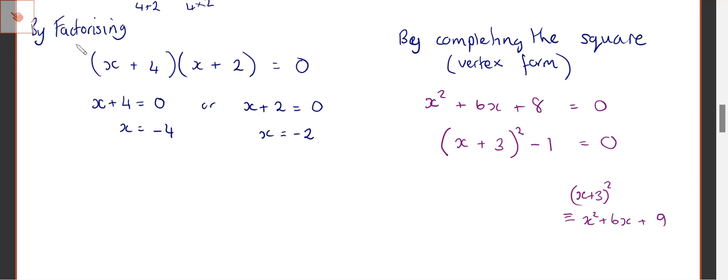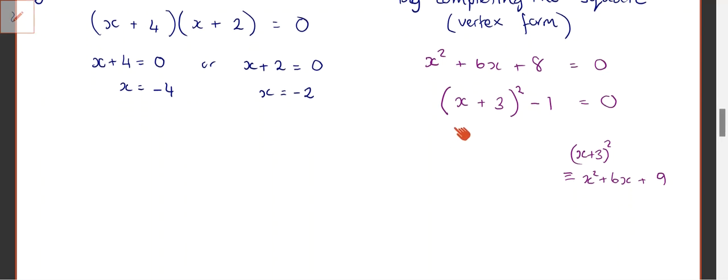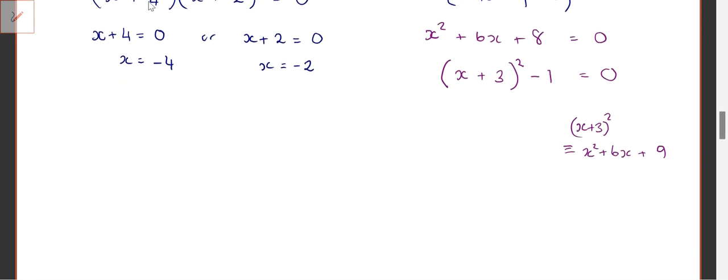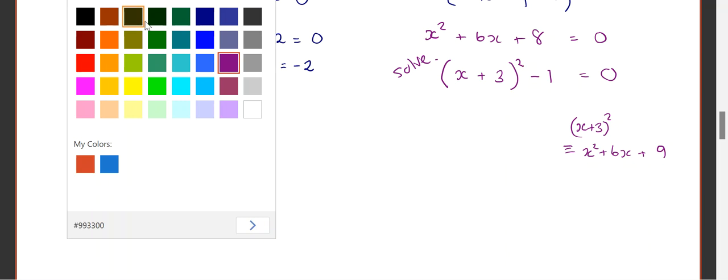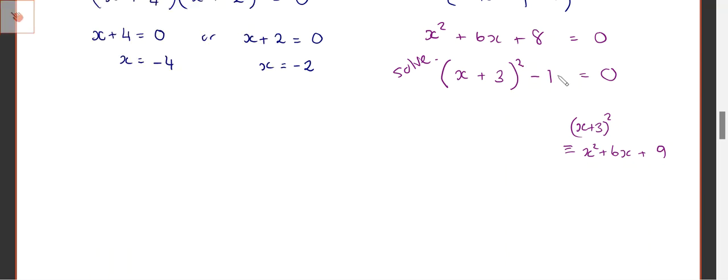Now I need to solve that. So now I'm at the solving stage. What do we do? Add 1 to both sides. Good. That gives me x plus 3 squared equals 1. And you take the square root.